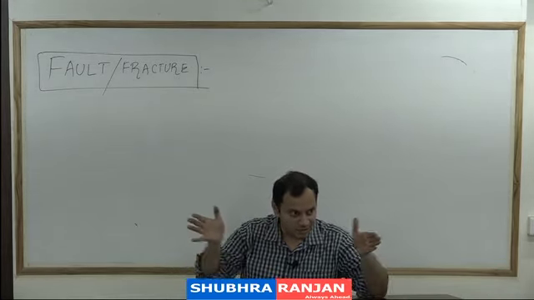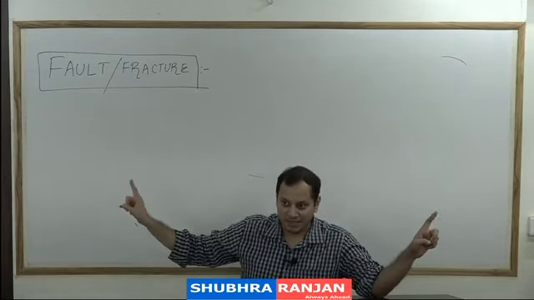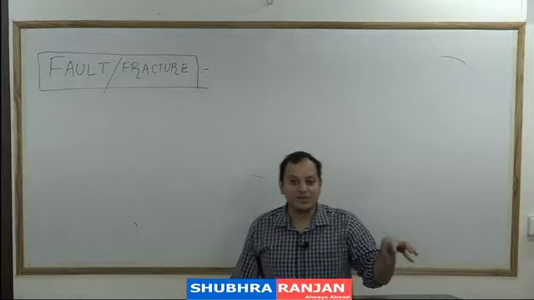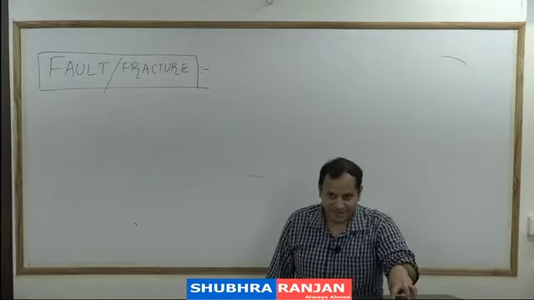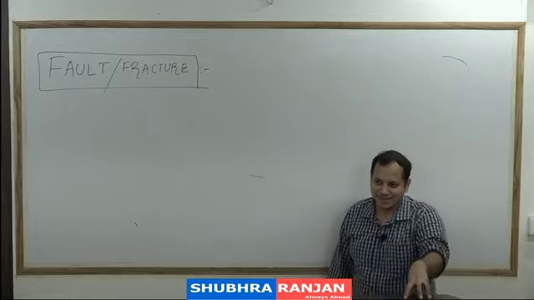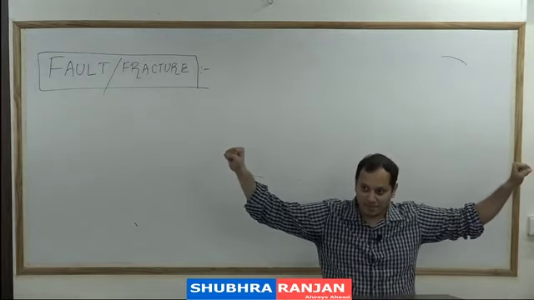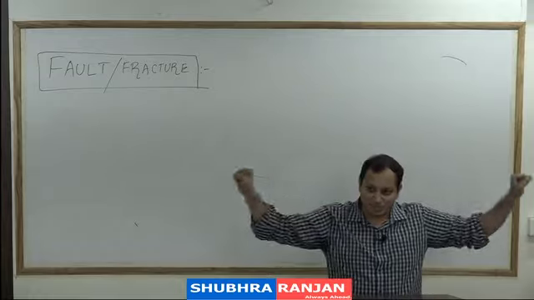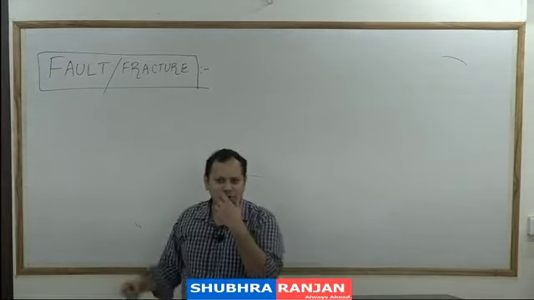Folding is generally caused due to the compressional force. Tension is always in the opposite direction. You use this even in your daily life. You say tension is making my head burst. You never say compression is making my head burst. You say tension because it means pulling apart. So tension means pulling apart in the opposite direction. When the forces are pulling apart, where does it happen?